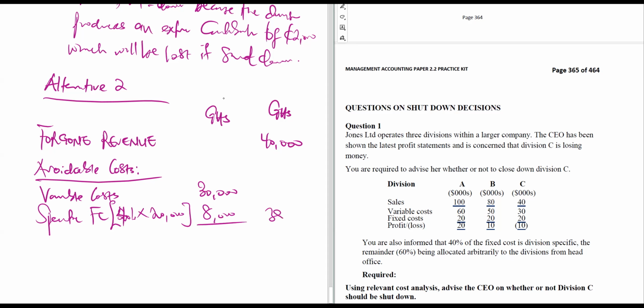So this gives me 38,000, which means there's an extra contribution that this division is earning. That is why we should not shut it down, because in actual sense we have a contribution of 2,000, with other fixed costs worth 12,000.